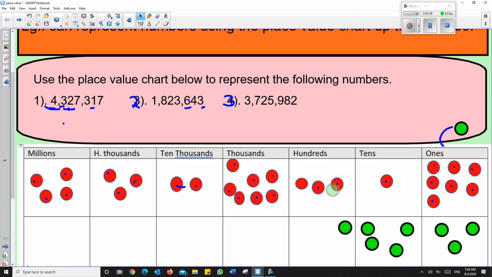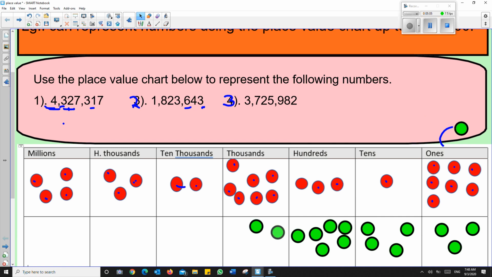In the thousands column, it is digit 3, so we put 3 counters in the thousands column.